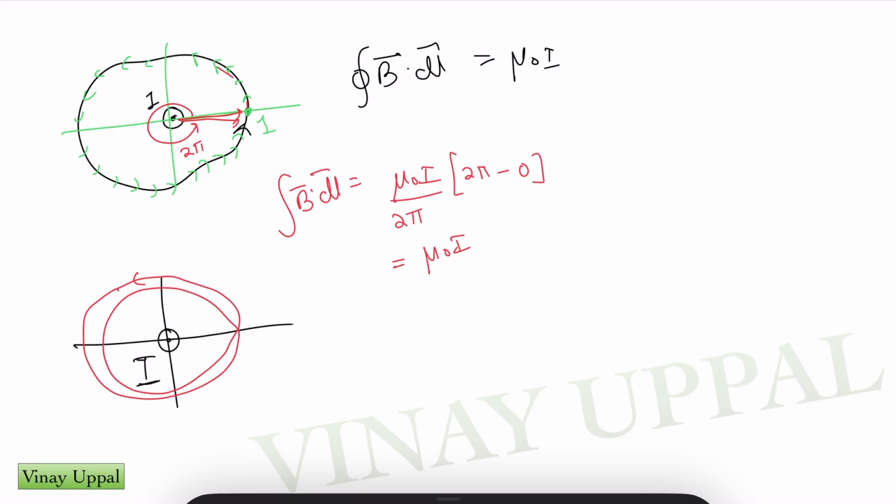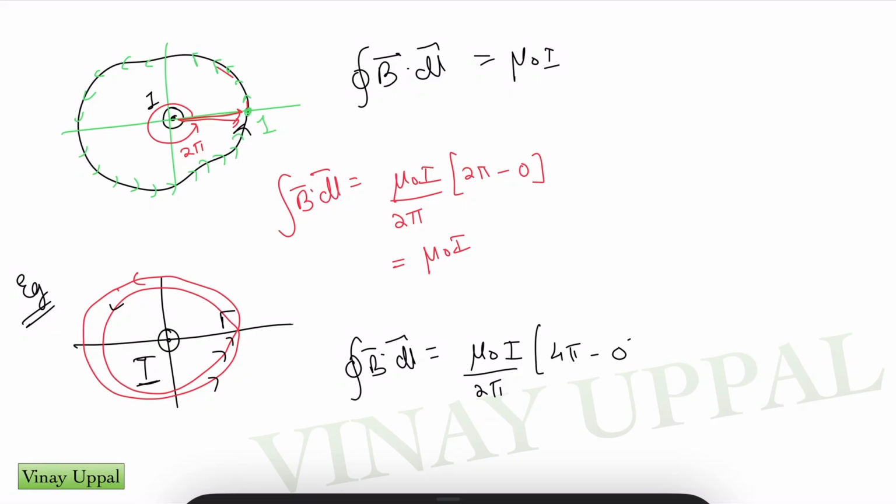So you've encircled the current twice. Okay, so in this situation, if I ask you what is the integral of B dot dl, what would the answer be? That would be μ0 I divided by 2π. You've encircled it twice, so the final angle that you arrive at is 4π minus 0, giving 2μ0 I. This will be the answer. Okay.